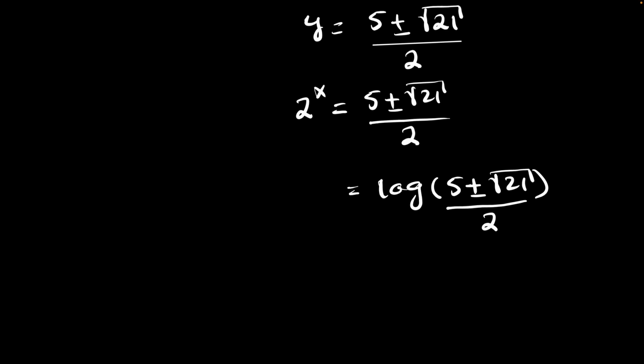So here I'm gonna write 2 as a base, and x is equal to log of 5 plus or minus the square root of 21 over 2 to the base 2.